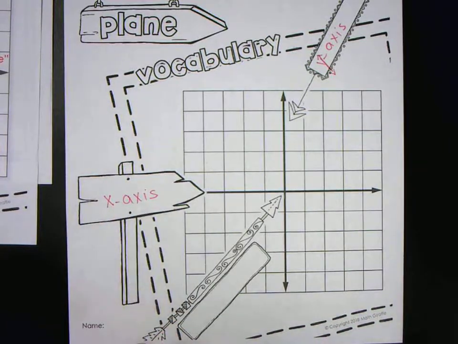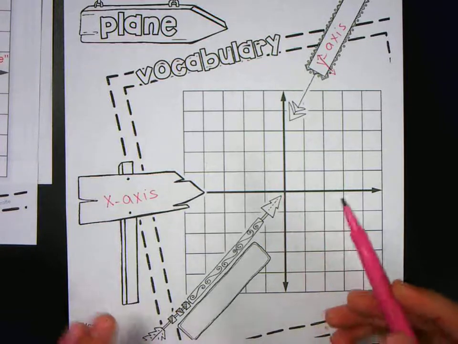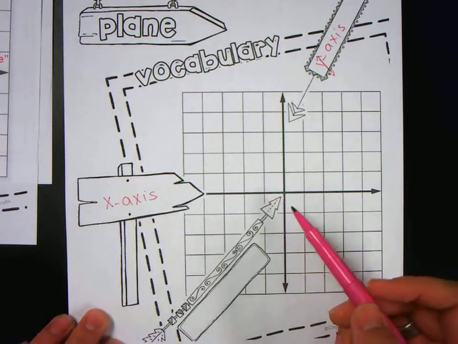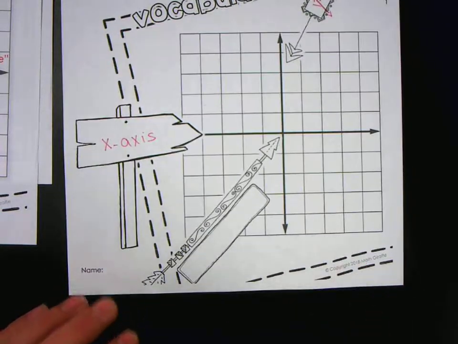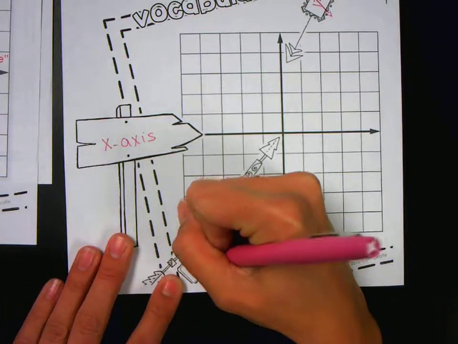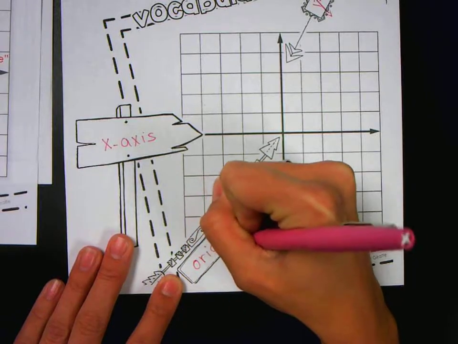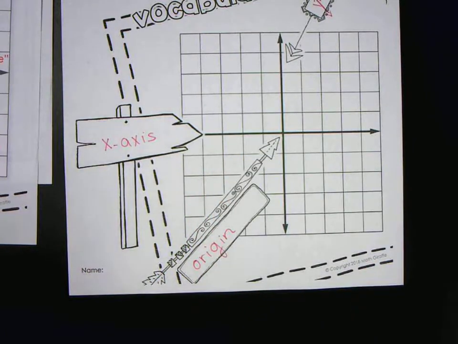And finally, the center point where both number lines meet, that also has a special name. We call that the origin. That is the origin or the beginning of our number lines. Now, each of these axes and origin have special coordinate pairs, and their coordinate pairs are really special.